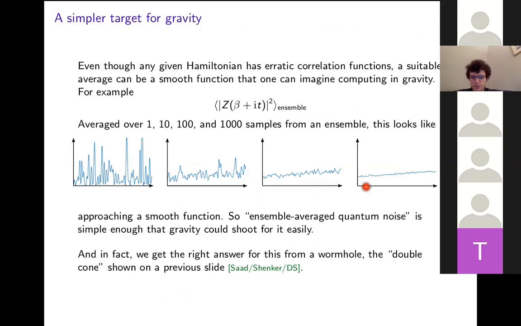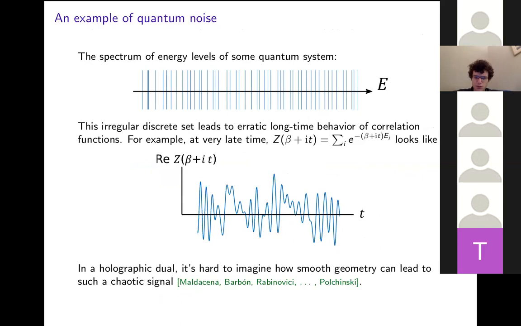Yeah, please. Can you go back to the previous slide? The previous slide somehow reminds you, as you know from your work also, of an energy spectrum in random matrix theory, which is supposed to mimic a highly chaotic system Hamiltonian. Yes.